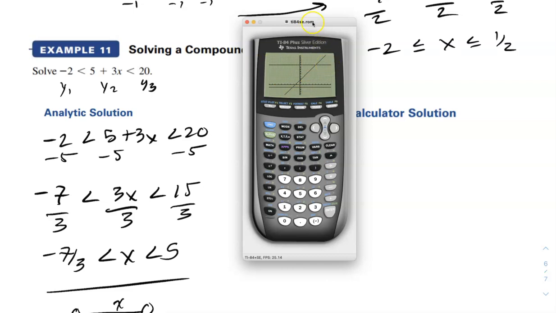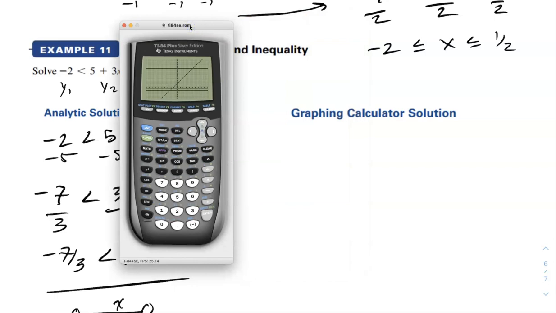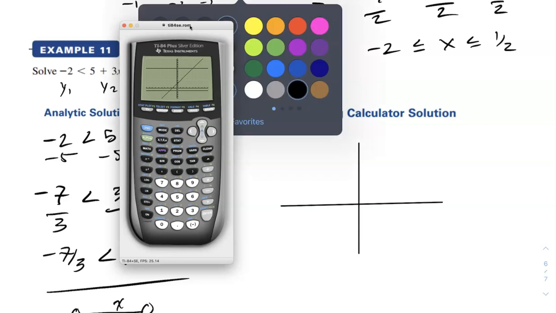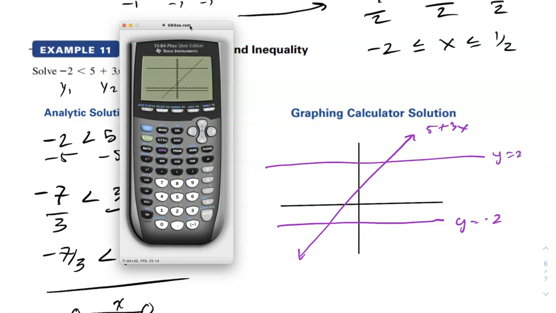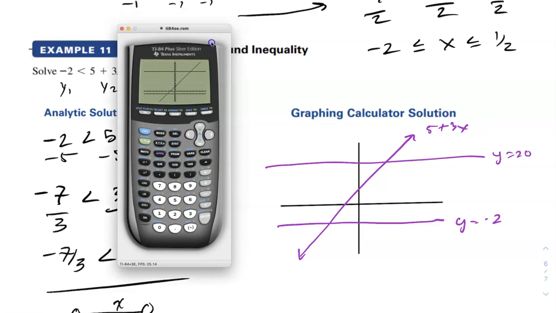Let me draw it here so you have a reference to it. I'll explain what we do next. Okay, this is just so we can see what's going on. So this is y equals -2. Again, it's not a perfect graph. It's just trying to get you an idea. This is 5 plus 3x, and then this would be 20. So the question here is, look what it is.